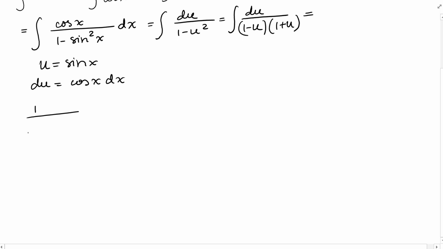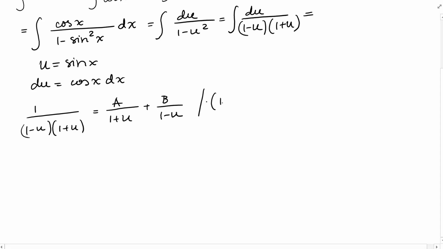So, 1 over (1 minus u)(1 plus u) can be separated into a over 1 plus u plus b over 1 minus u. I actually wrote the positive one first, and it's okay, multiplication is commutative.